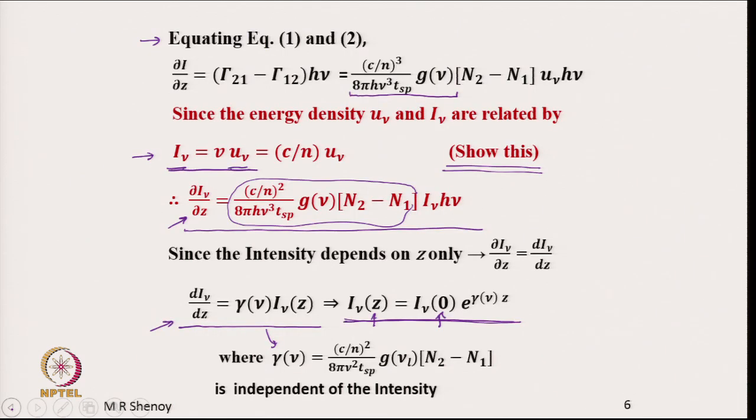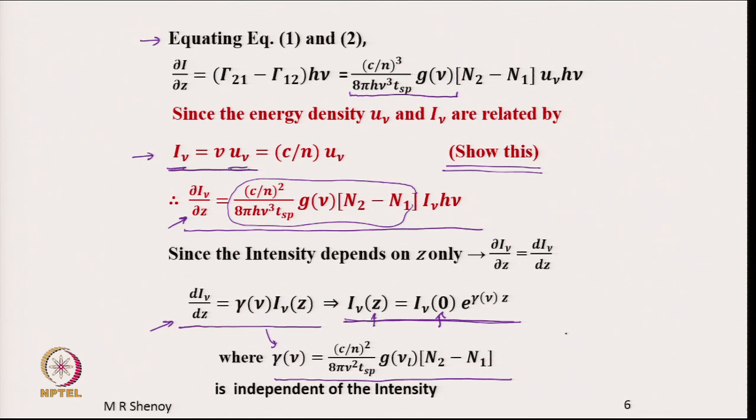Please look at this expression. So, γ(ν) is here, and all the rest are positive quantities: c, n, frequency, time and g(ν). This is a probability, and therefore all are positive quantities. Only N2 minus N1 could be positive or negative, depending on whether N1 is greater than N2 or N2 is greater than N1.